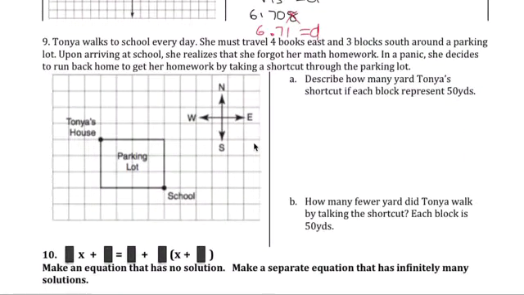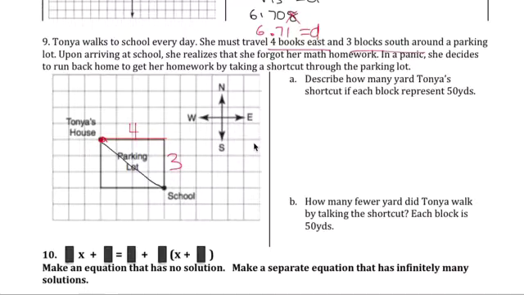Tanya walks to school every day. She must travel 4 blocks east and 3 blocks south to arrive at school. She realized she forgot her math book. In panic, she decides to run back home to get her homework by taking a shortcut through the parking lot.